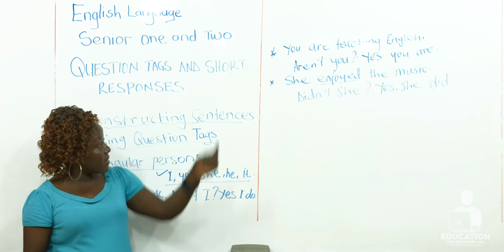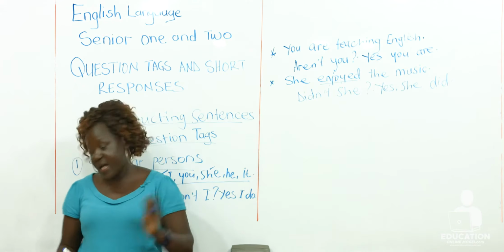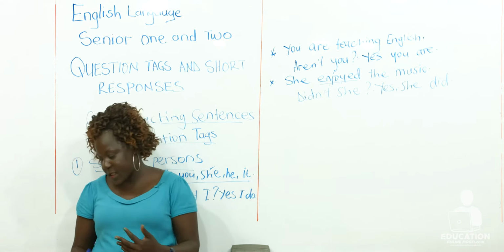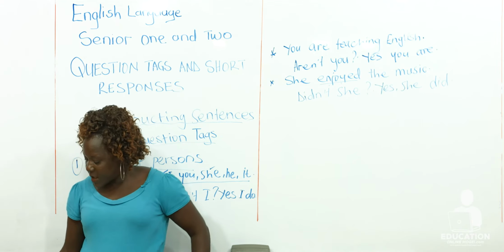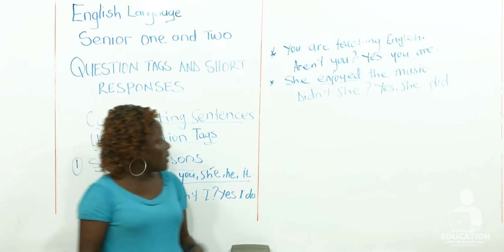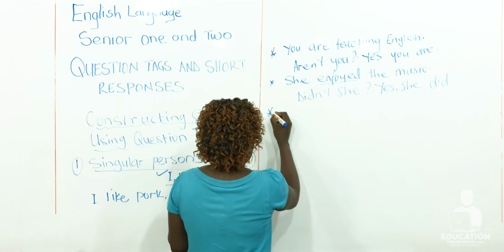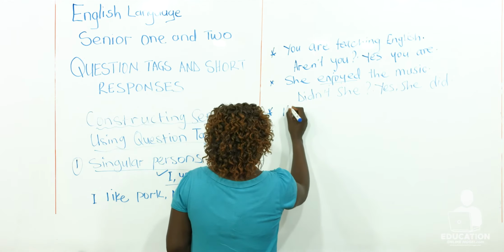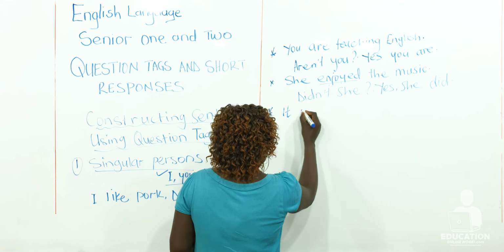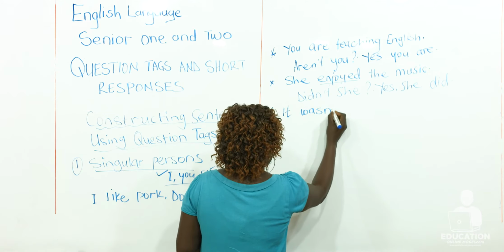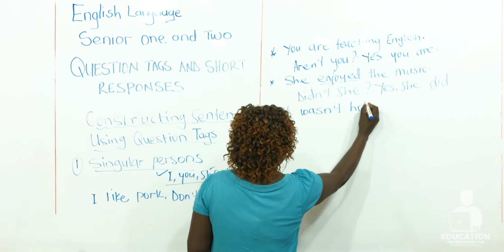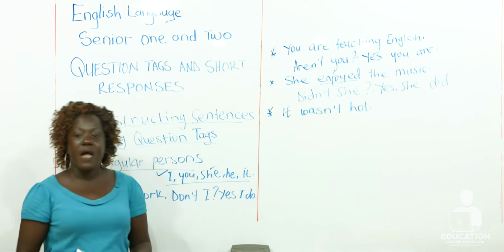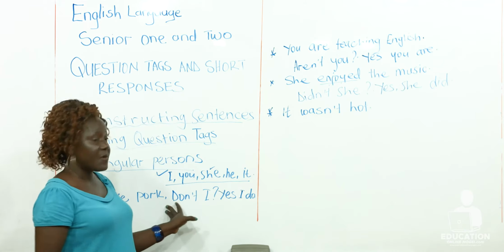Right. That is the way to go. Be very observant in the tense plus the persons, just like in the negative and the positivity of the statement and the tag. Then let us look at yet another one. You can come here and use "it": "It wasn't hot." Now this one is a very good example of a negative statement.